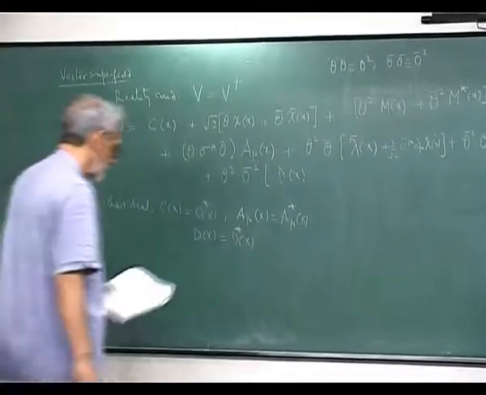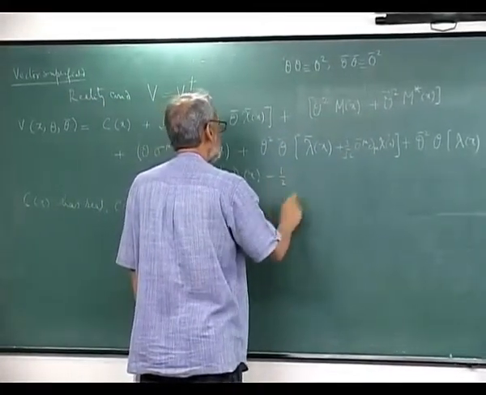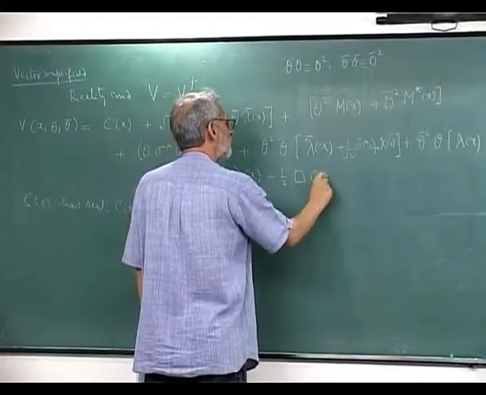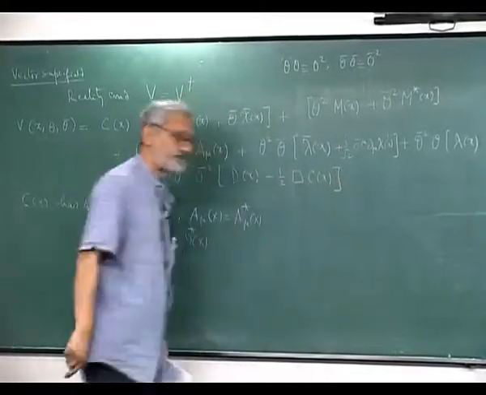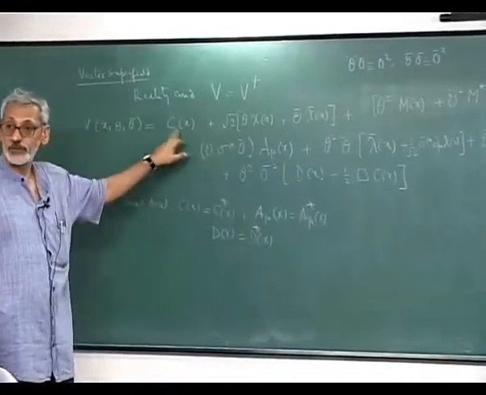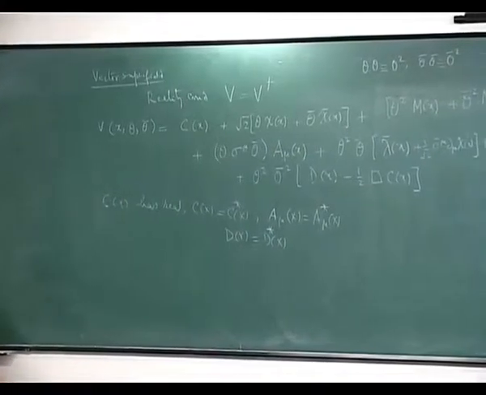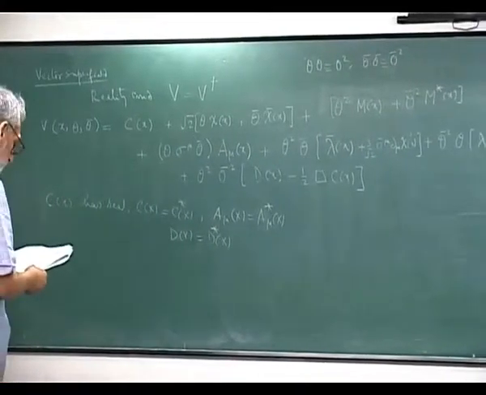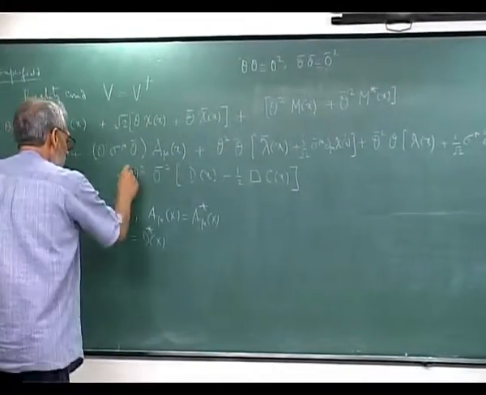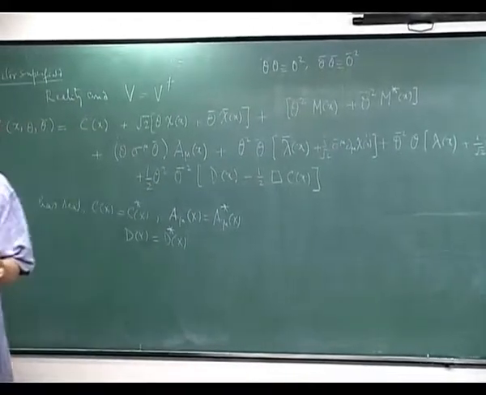And again, for some convenience, we'll add with some normalization half of box C of x to this. C is the first component of the superfield. And there's a normalization 1/2 put here, again for some convenience.